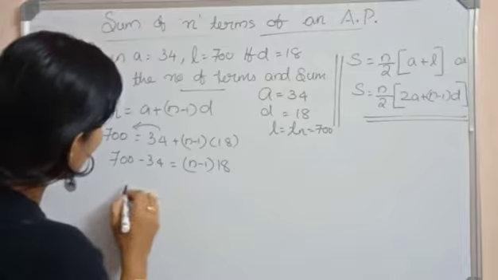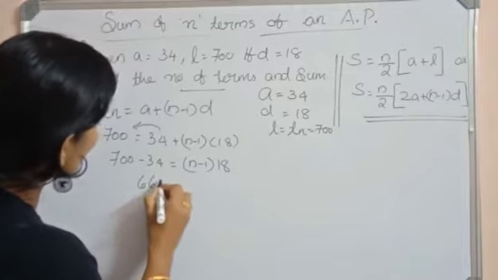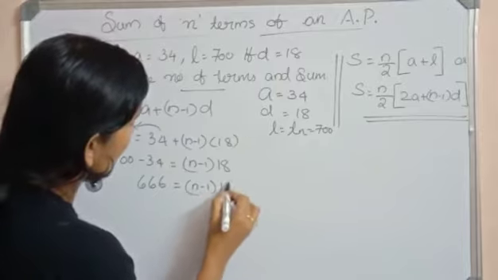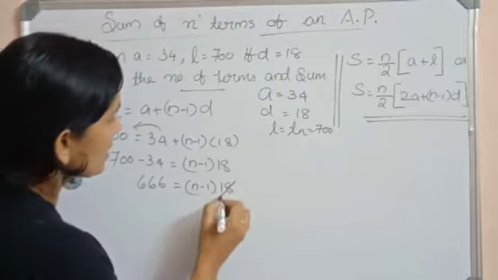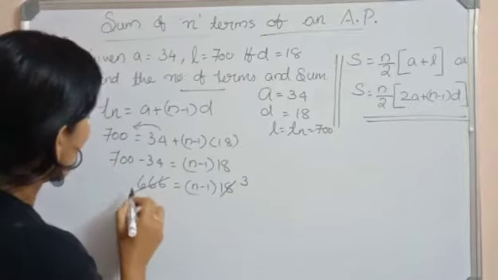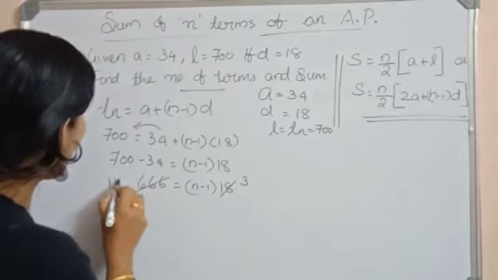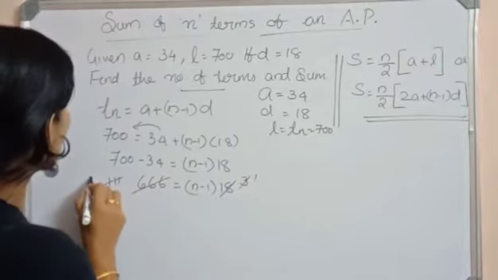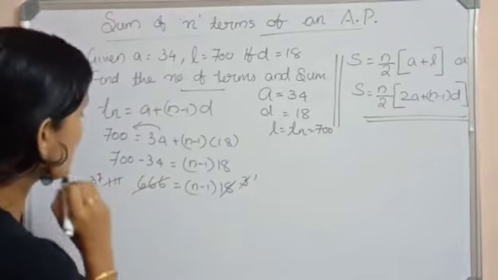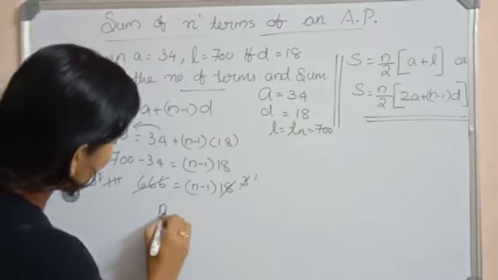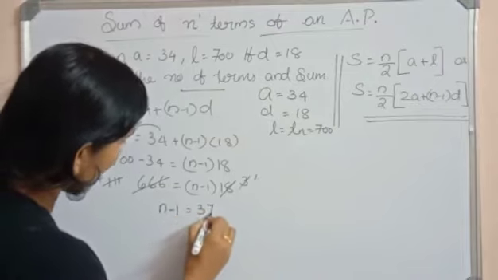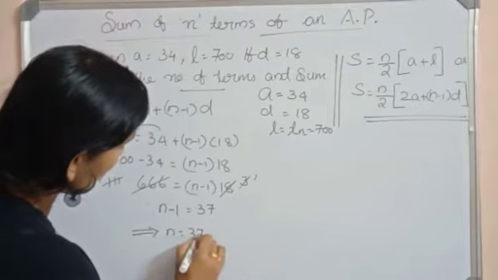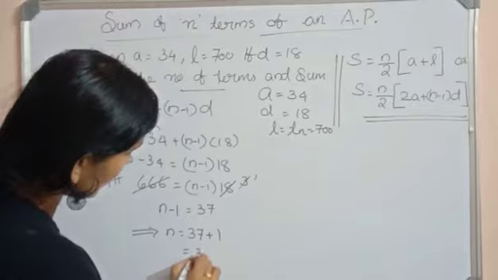Subtract, you will get 666 is equal to (n minus 1) into 18. Cancel with 6: 6 3s are 18, and this will be 111. Again by 3: 3 3s are 9, 3 7s are 21, so 37. Therefore, n minus 1 is equal to 37, and that implies n is equal to 37 plus 1, that is 38.